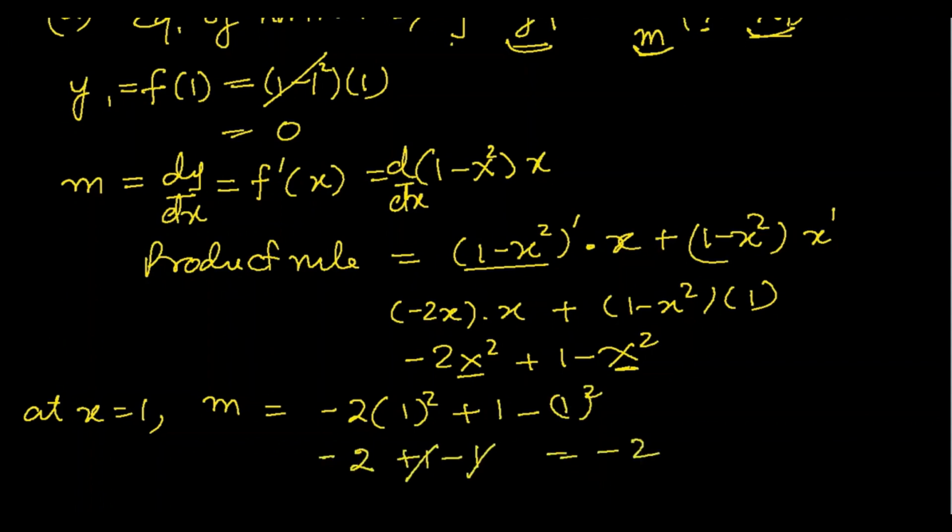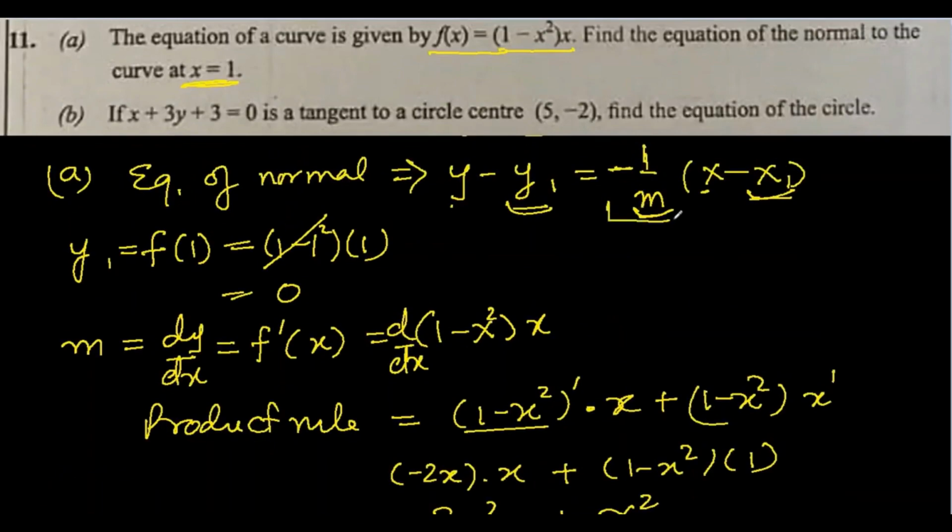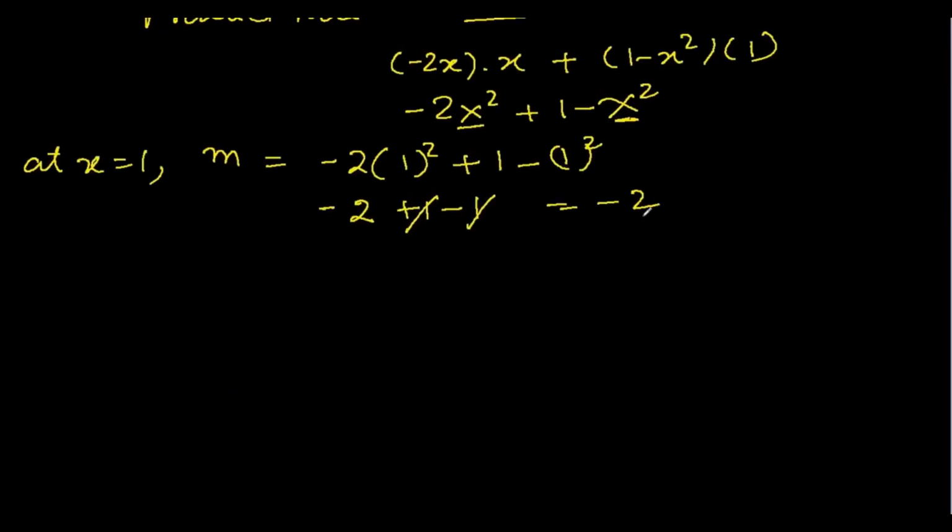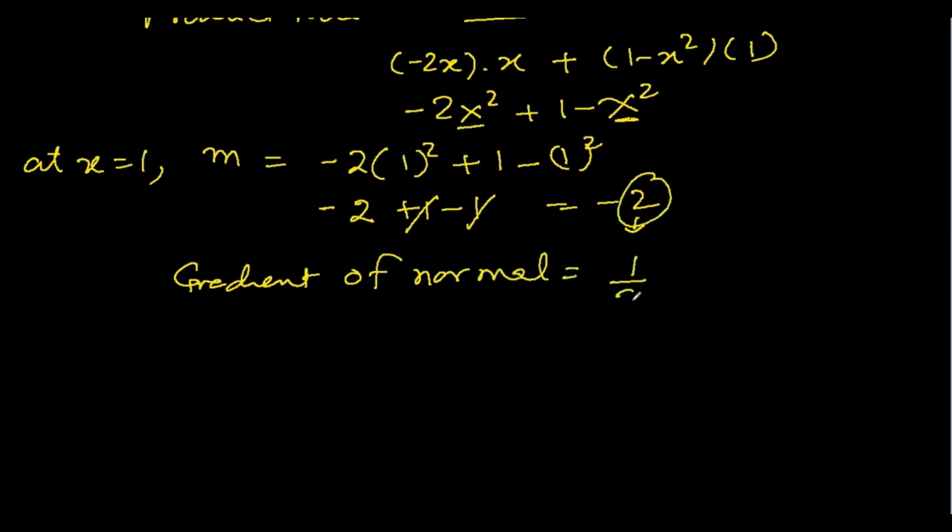We wanted the negative reciprocal for the normal. So the negative reciprocal of minus 2 will be the gradient of the normal. We reciprocate 2 first, so we get 1 over 2, and we change the sign of negative to positive. So positive half is the gradient of the normal.